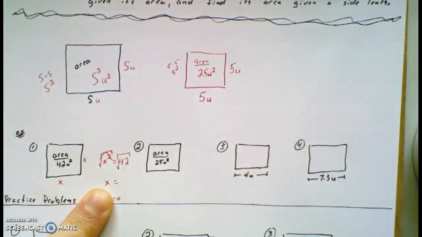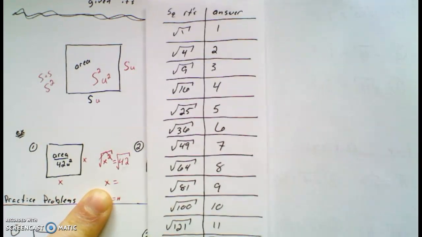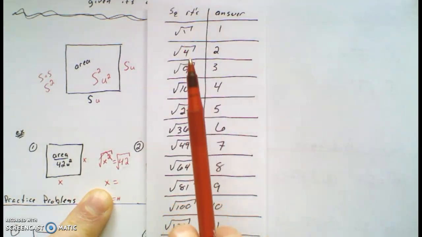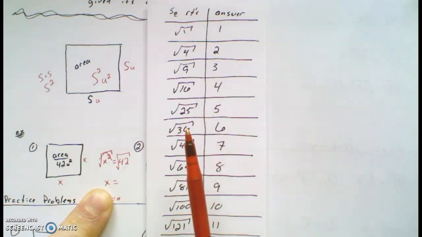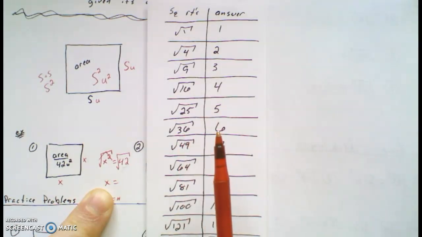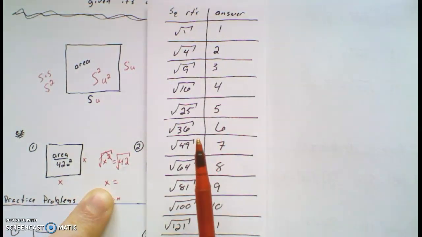Hopefully many of us are recognizing that that's not a perfect square. So I'm just going to look on my sheet and find the square root of 42. Remember, these get bigger as we go along. So I can see it's going to be bigger than 36, but not as big as 49. It's somewhere in here, which means the answer is somewhere in between 6 and 7. Again, we're just going to be estimating these to the closest thing. 42 is pretty close to the middle of these two things.